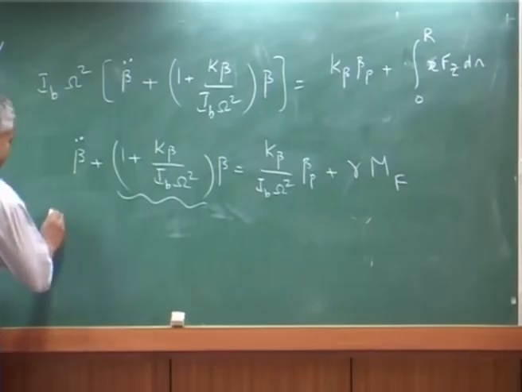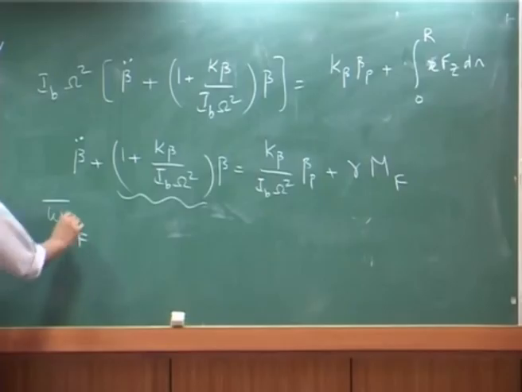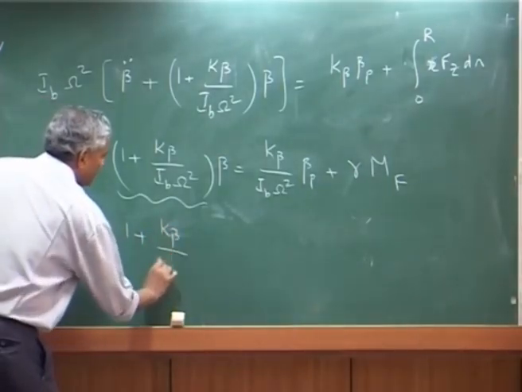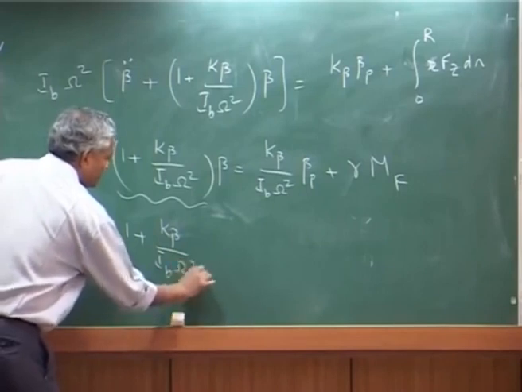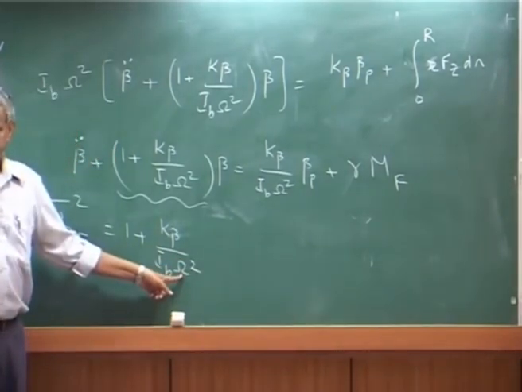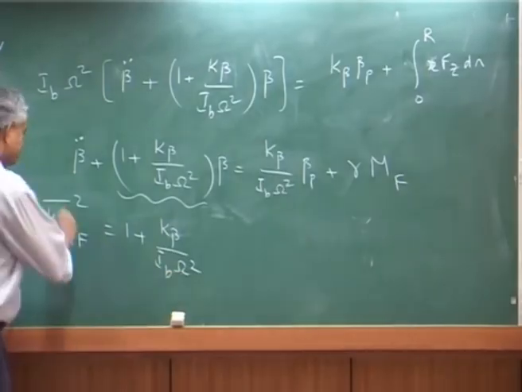Now I will write it omega bar RF square, rotating flap frequency is 1 plus k_beta by I_b omega square. Please understand, I have to non-dimensionalize with respect to RPM. This is omega square.